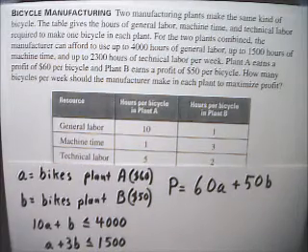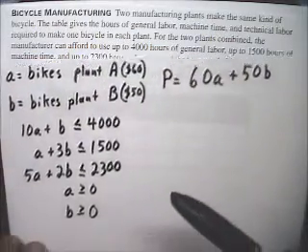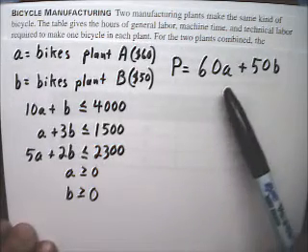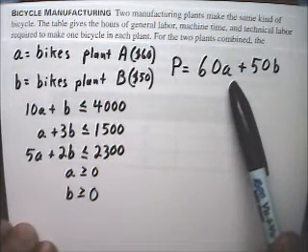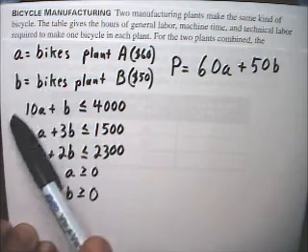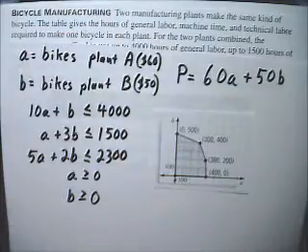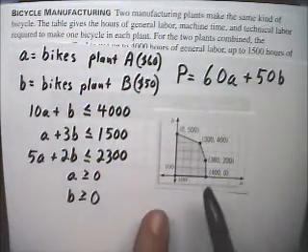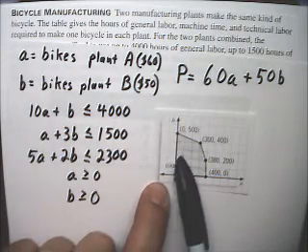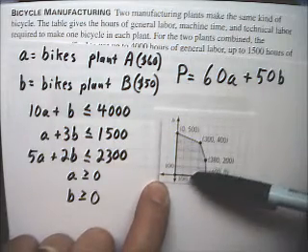So, based on the story problem here, we have figured out the objective function, and we've figured out all of these constraints on the region, and when we graph them, the graph looks like this. Here's A greater than 0.